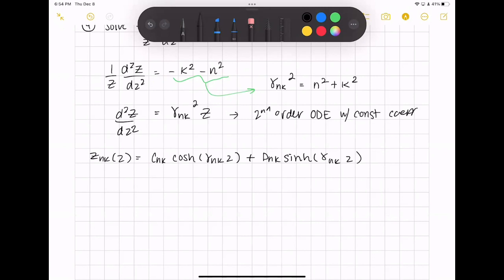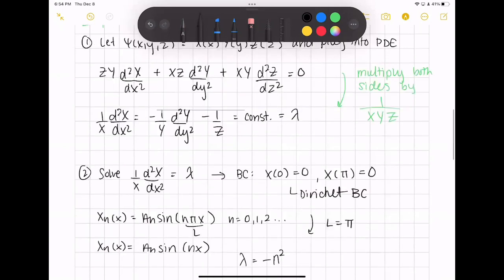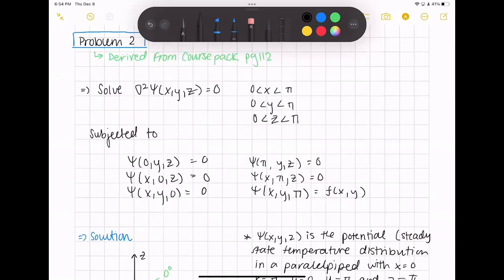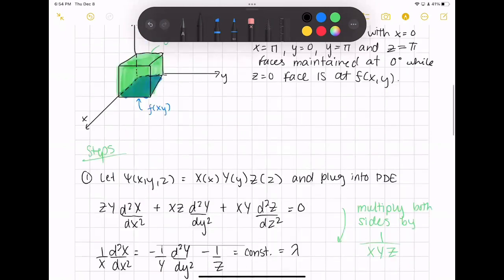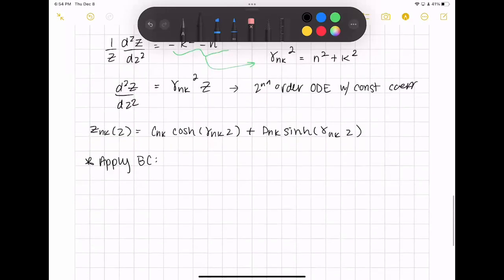So from here, we can apply boundary conditions in terms of Z. So here, Z of 0 is equal to 0, and then Z of pi is a function f of x, y. So we do Z of 0 equals 0.